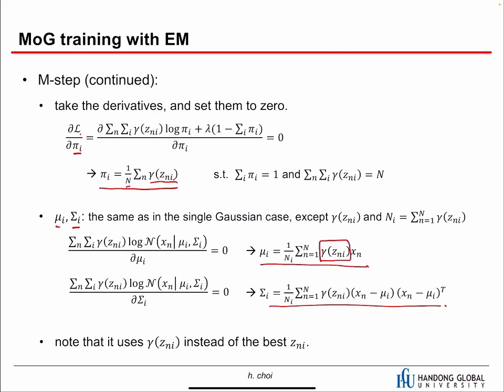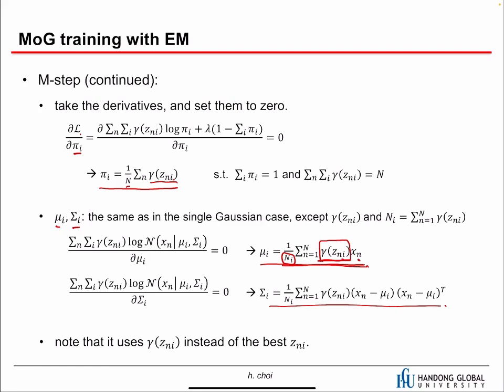In a single Gaussian, when we use the maximum likelihood estimator, the mean is the average of the samples in the cluster, so n sub i. But in this case, we have a responsibility term, how much this x belongs to cluster i.